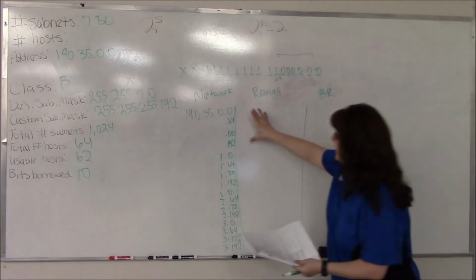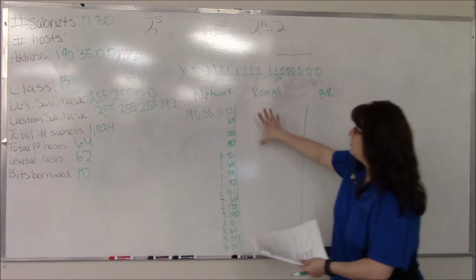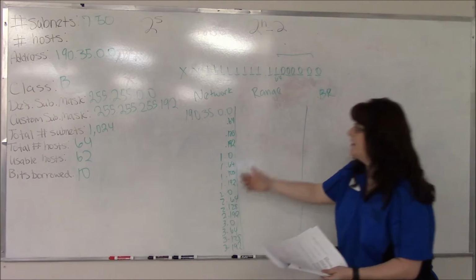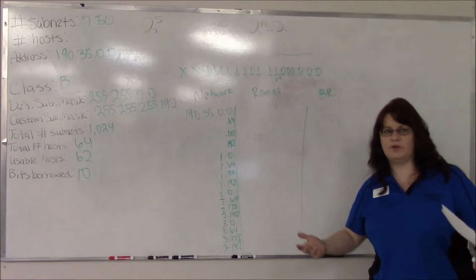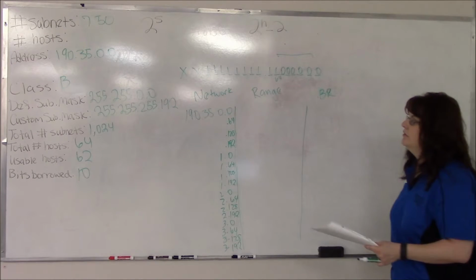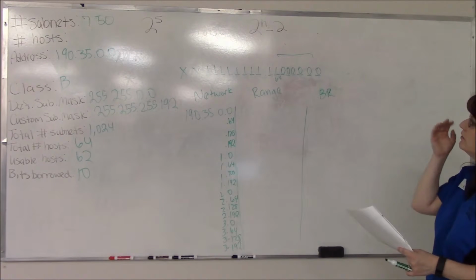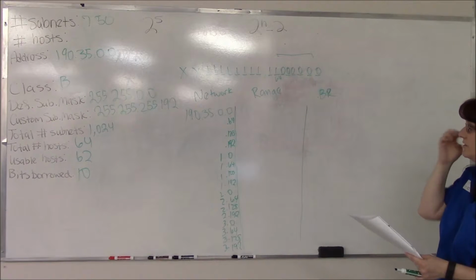It's the same thing over and over and over. So if you do this 4 times for every subnet, then you get your total number of hosts. Your total number of subnets, I should say.